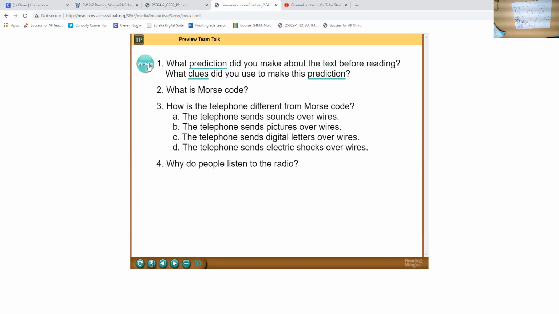So before you read page 38, make a prediction and think about what clues you used to make it. Number 2 says, what is Morse code? 3 says, how is the telephone different from Morse code? Is it the telephone sends sounds over wires? The telephone sends pictures over wires? The telephone sends digital letters over wires? Or the telephone sends electric shocks over wires? And then number 4 says, why do people listen to the radio?